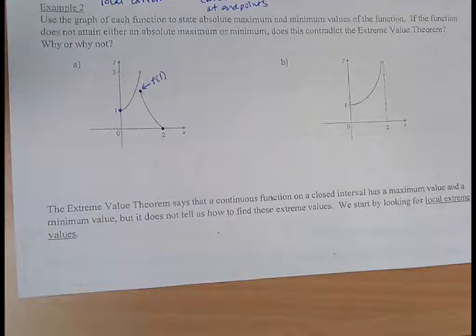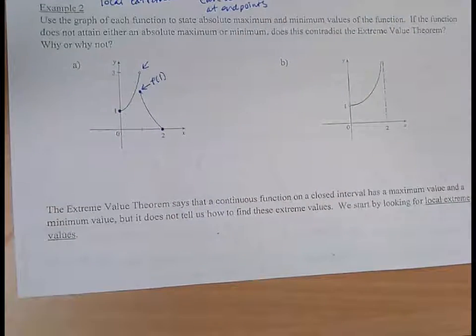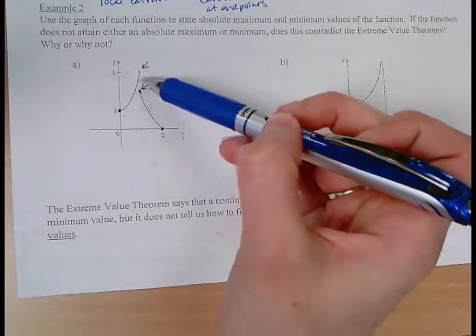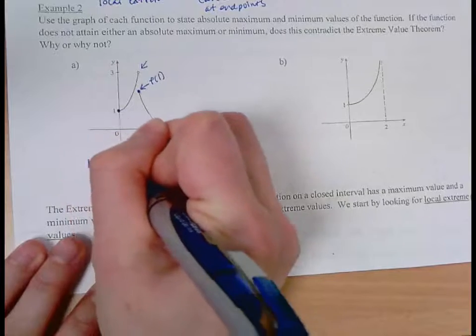Okay, so for A, because it is open, it is not filled in, that point doesn't exist. 3 is not the absolute max. It never reaches 3. But you still can't say there's an absolute max because it is getting super, super close to 3. So there is no absolute max.